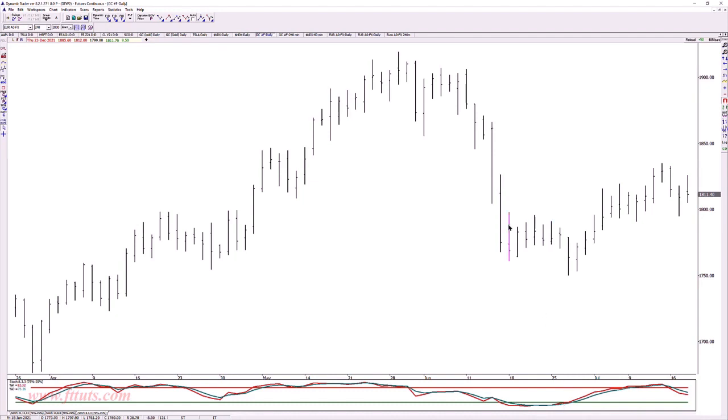For instance, if we just look at this data real quickly, we can see it looks like a perfect 5-wave decline was made into this indicator reaching oversold and making a bull reversal. So that might have been a pretty good trigger to indicate wave 5 was complete. And then a higher time frame advance was going to occur other than just a 3 to 5 day correction, which is exactly what happened.